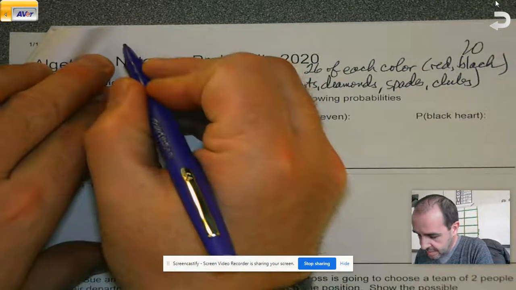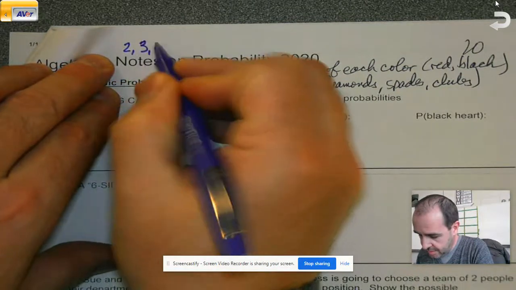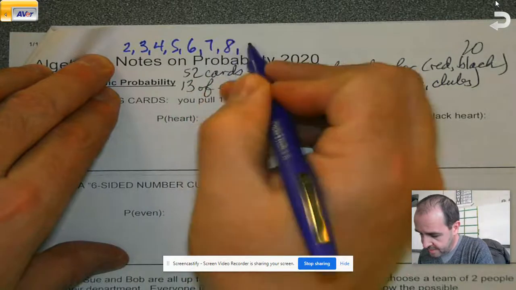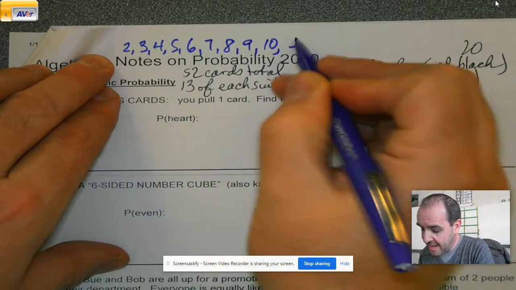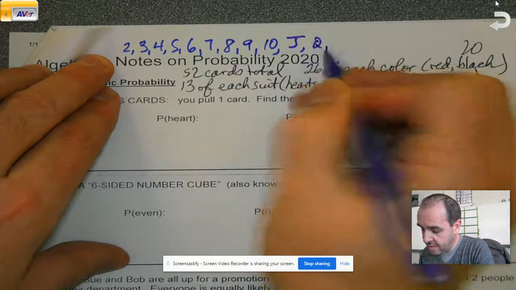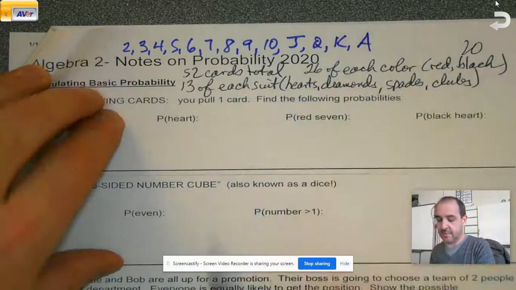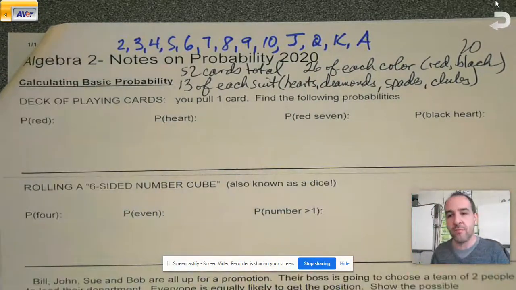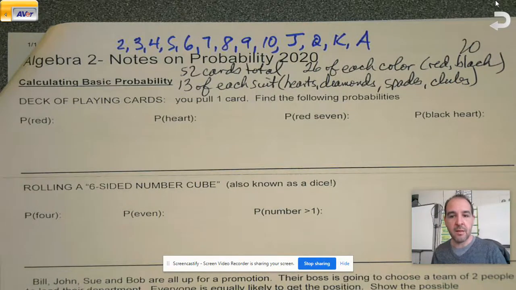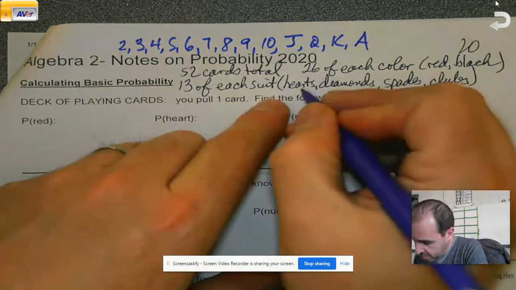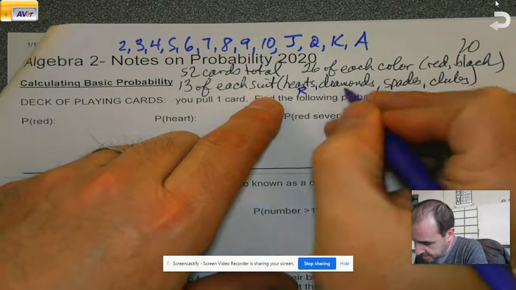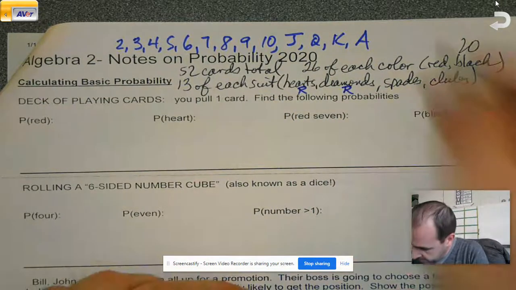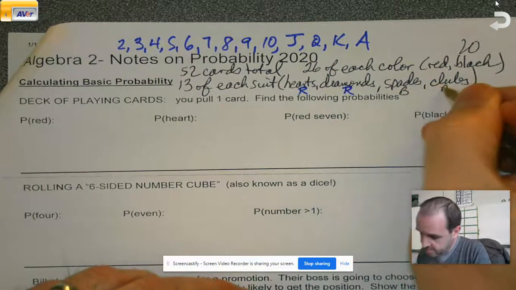Those 13 would be a 2, a 3, a 4, a 5, a 6, a 7, an 8, a 9, a 10, a jack, a queen, a king, and an ace. So those are the 13 cards that I have in these 4 different suits. And I'll make one last note here. Hearts and diamonds are red. Spades and clubs are black.